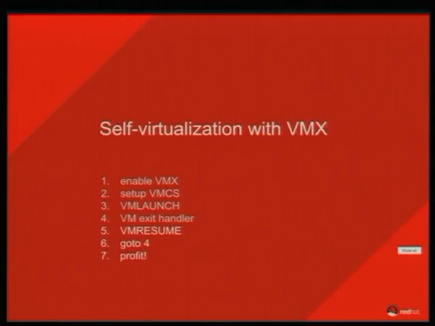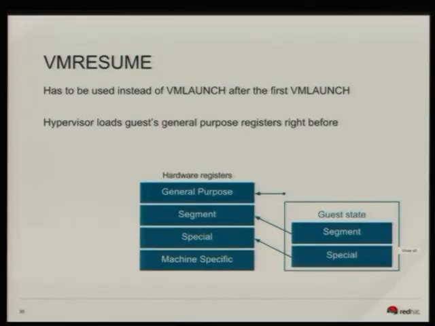Now we know what happens after VM launch and how first VM exit is handled, but we still don't know how to continue the execution forever. But VM resume is just basically the same as VM launch. Just we have one additional task to do, because on VM exit, the guest has some state in its general purpose registers.